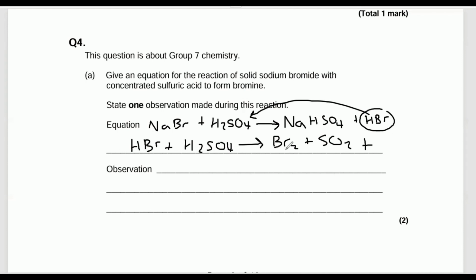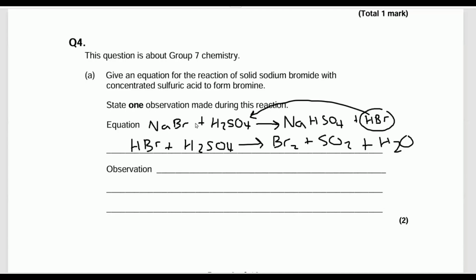I need to balance this up. You're going to get plus H2O. Well, this isn't balanced. I need 2 HBr, don't I? And I need 2 waters. Okay, you will get the mark for showing this equation in 2 parts.